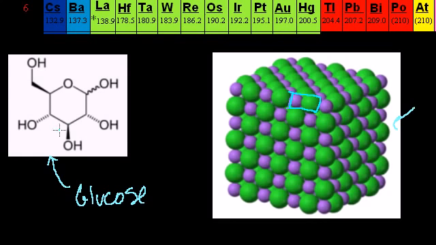But glucose, when it goes into water, just stays as one molecule of glucose. So a mole of glucose stays as 1 mole, while a mole of sodium chloride will turn into 2 moles because it disassociates. It turns into 2 separate particles.